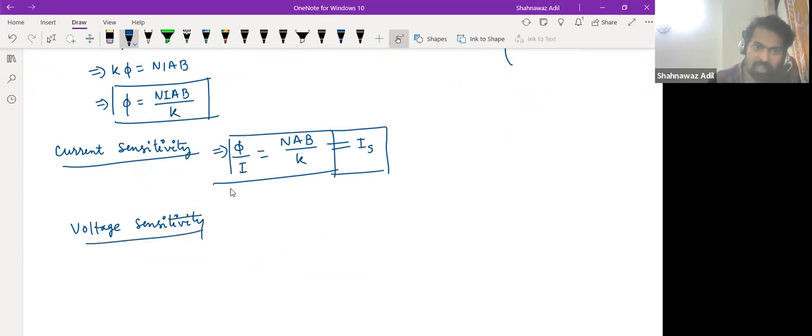So what was the voltage sensitivity? So phi was NIAB by K. And we know that current sensitivity is phi by I. So what would be the voltage sensitivity, guys?